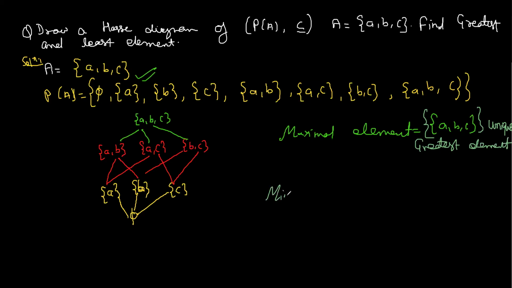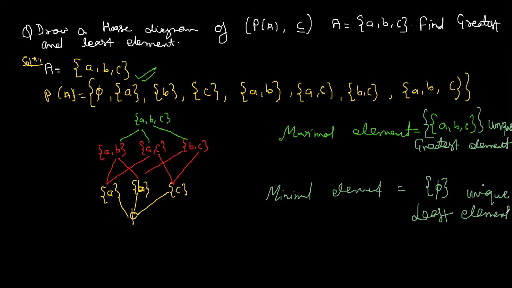What is the minimal element? Phi. And this is also unique because phi is a subset of everything. That's why this is also unique. This is the least element. Okay. A is given.